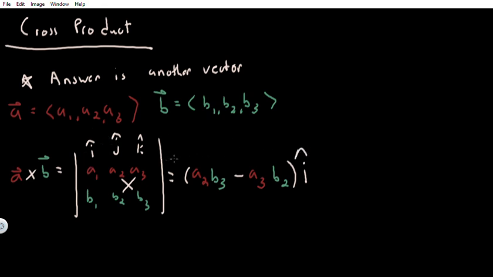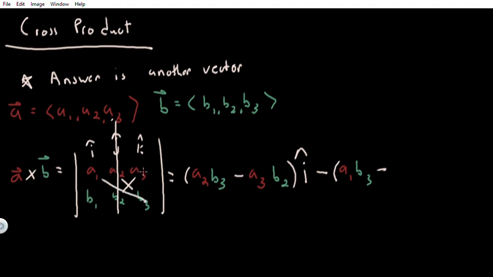Next, we white out the next column, j hat, and I take the product A1 times B3, and I subtract, minus, A3 times B1. Minus, because I'm continuing this going-across pattern, hence the word cross product.